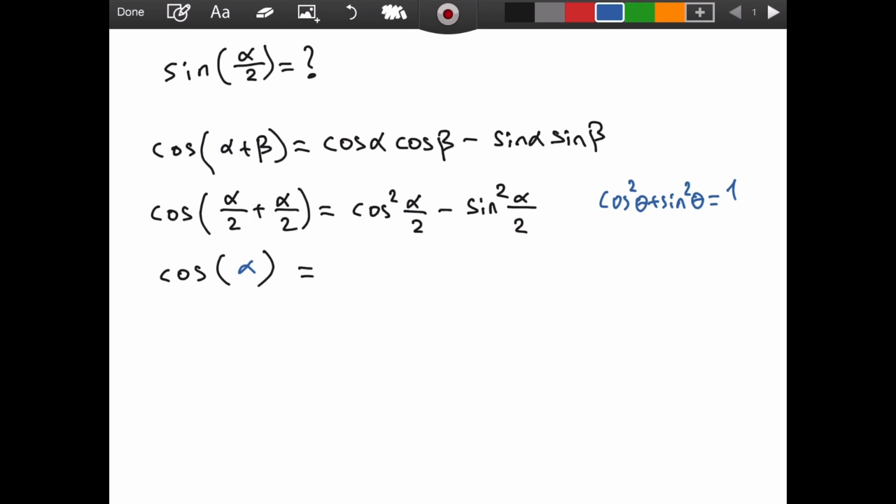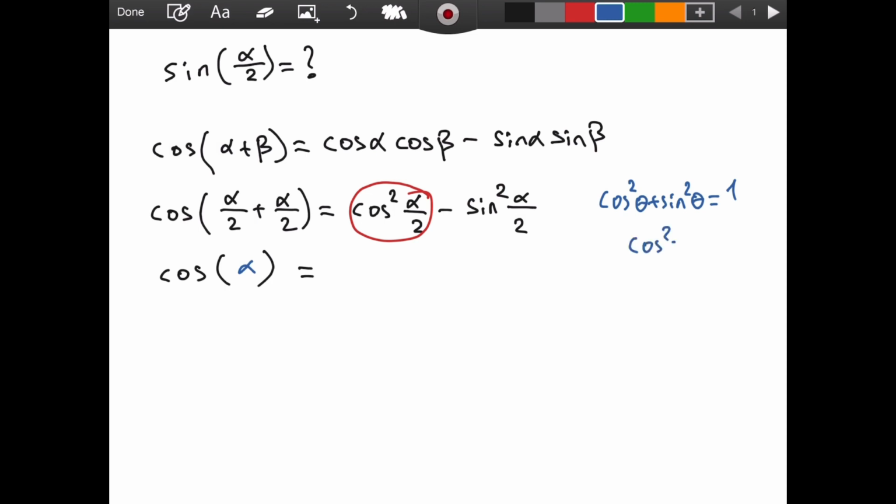Okay, so if we have this, then for, let's say, sine squared of alpha over 2, I can, you know what, actually, let's substitute for cosine first, because I said we would find sine initially. It doesn't matter, but let's do that. So if we substitute for cosine squared of alpha over 2, what is it going to be? So let's solve this blue one for cosine squared of theta.